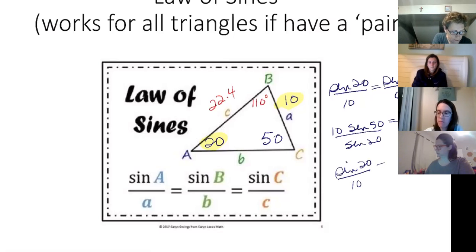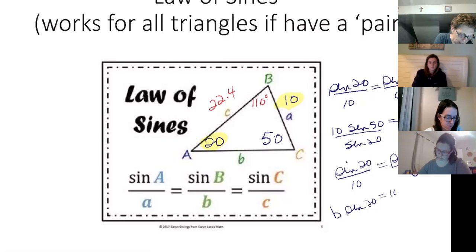That's going to equal, I'm looking for b, so the sine of 110 over little side b. So I'm going to do cross products again. b times the sine of 20 equals 10 times the sine of 110. Therefore b is going to be 10 times the sine of 110 over the sine of 20.